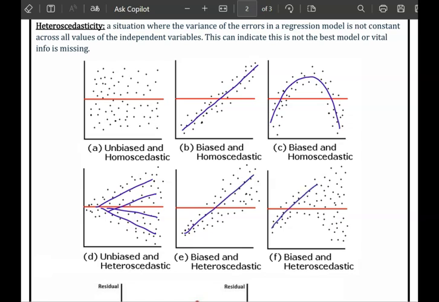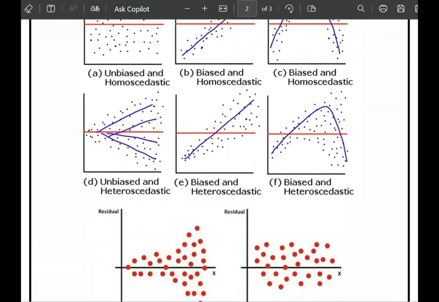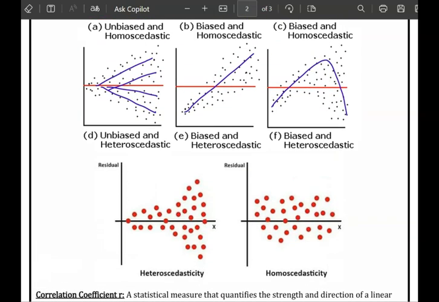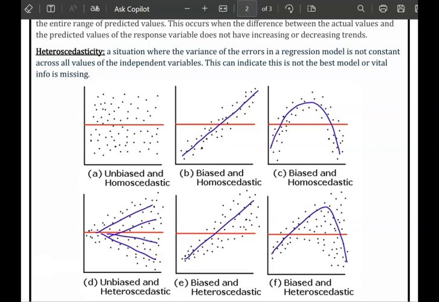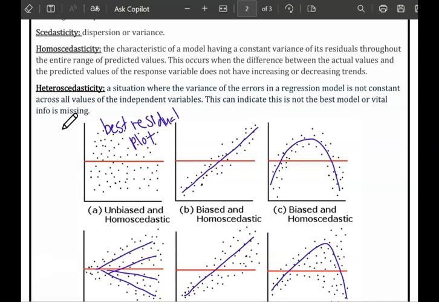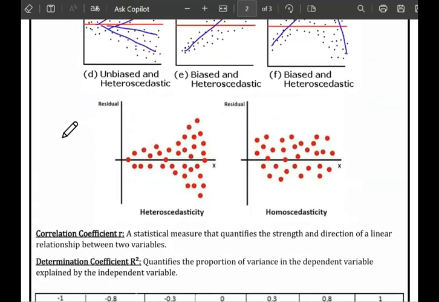This was kind of going up and then over. So remember, this is the best residual plot for it to have a strong correlation.